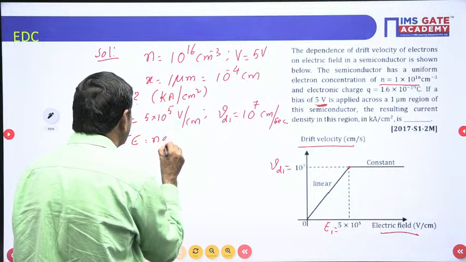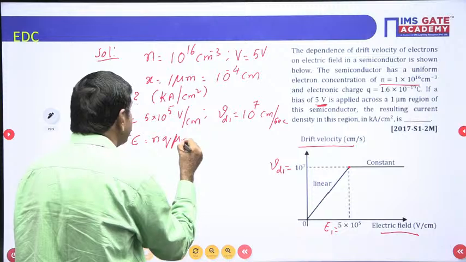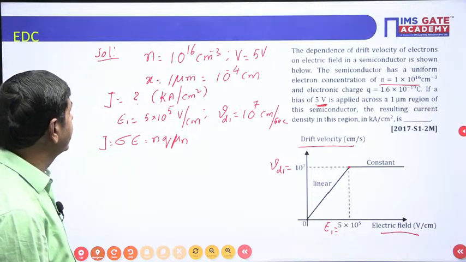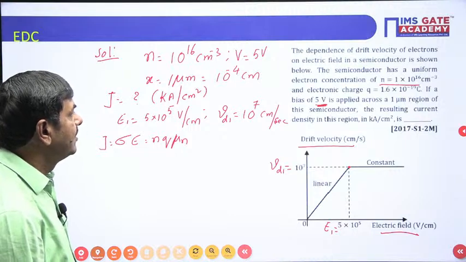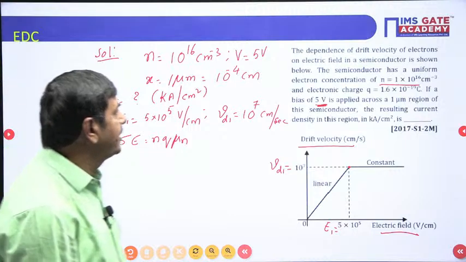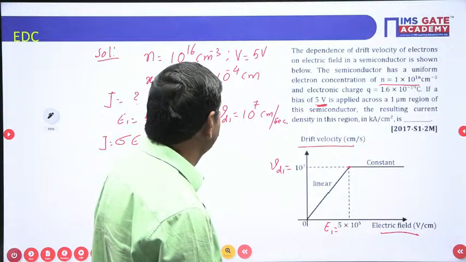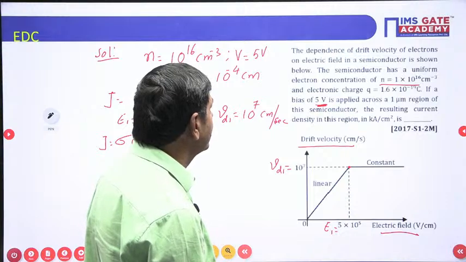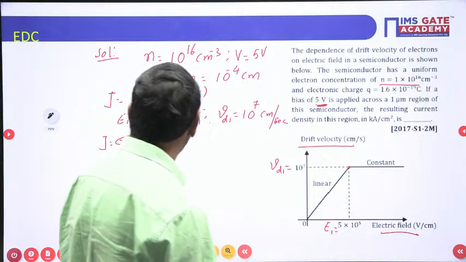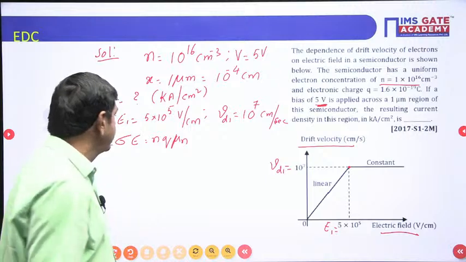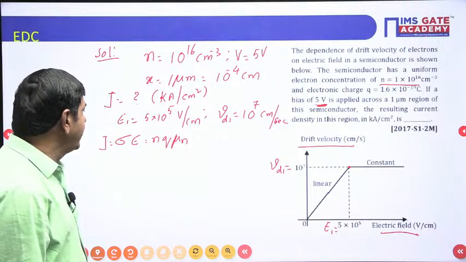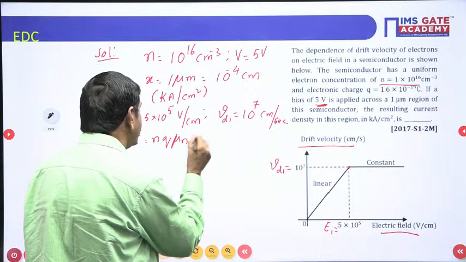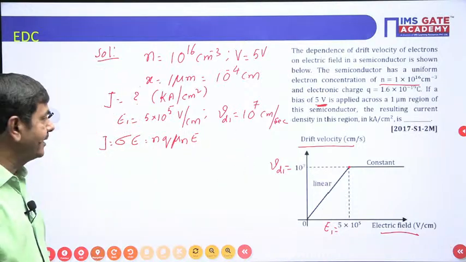Is the mobility of electrons given in the problem or not? N is given, Q is given, voltage is given, and the resulting current density is asked to find. Okay, sigma into E. Electric field intensity, you know very well, that is E. Mobility is not given in the problem to find directly.